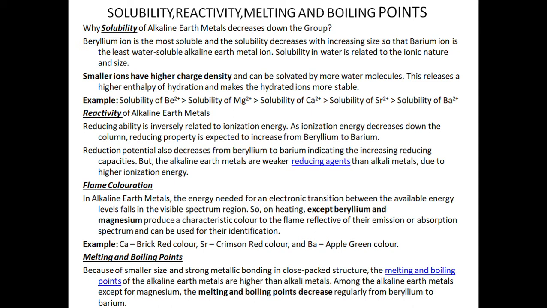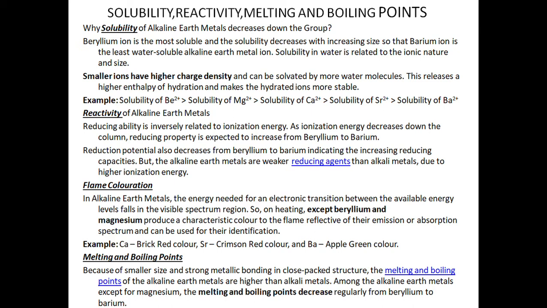Solubility in water is related to the ionic nature and their size. Smaller ions have higher charge density and can be solvated by more water molecules. This releases a higher enthalpy of hydration and makes the hydrated ions more stable.